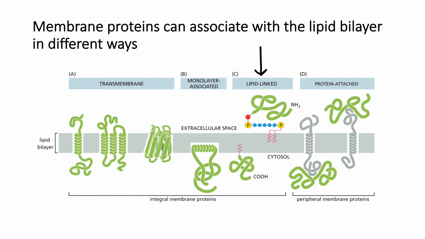Let's say under D on the right-hand side, you have the transmembrane domains, but then you have proteins attached to those proteins. Those would be referred to as peripheral membrane proteins. They're really not membrane proteins, but they're associated with the membrane. What I did want to point out, which I show with the arrow, is the lipid-linked associated proteins.